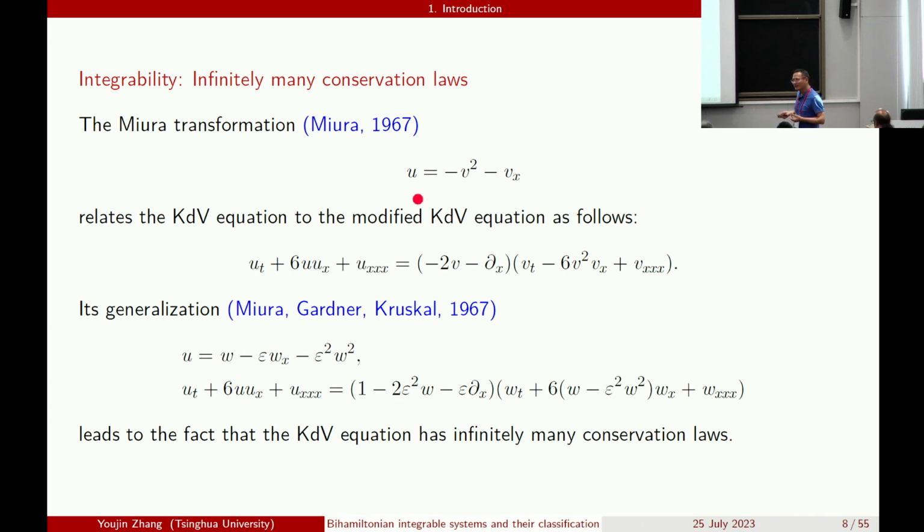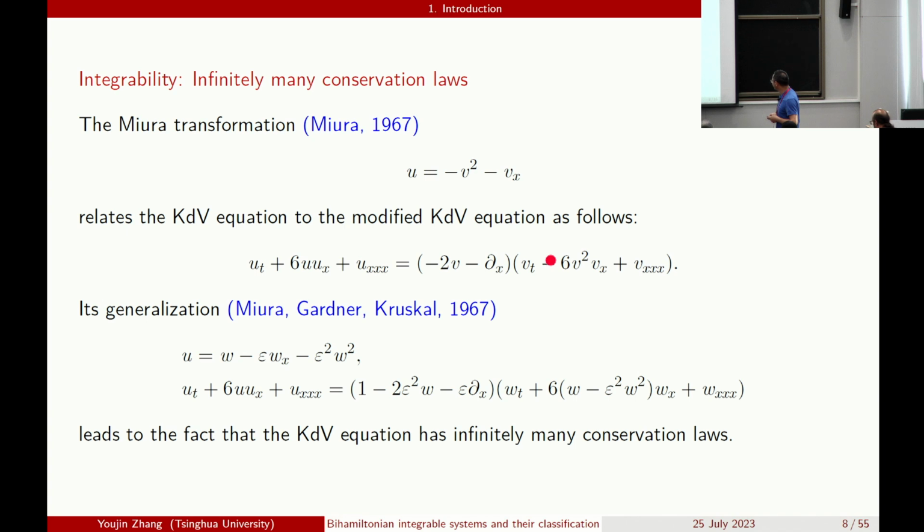We now call this the modified KdV equation. Then he tried a modification of this equation again, not considering v squared but v to any power, third power, fourth power. Then he found that there are no more conservation laws apart from the energy and momentum conserved quantities.